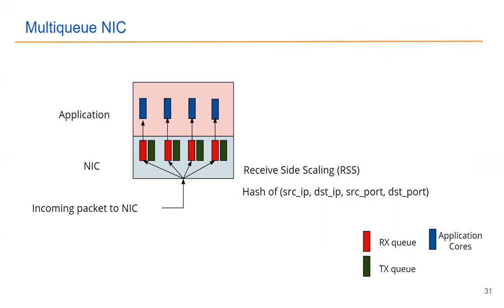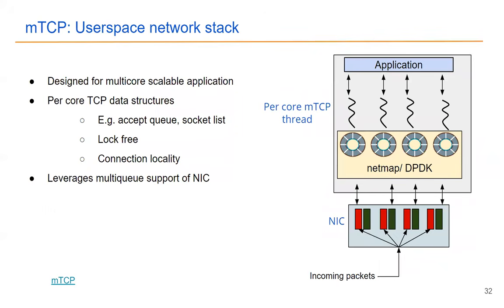Now, with this as a basis, mTCP leverages these multi-queue NICs to build a user space network stack which is also multi-core scalable. It has multiple rings, that is one ring per core at layer 2, that is the netmap and DPDK. And it has per core threads running on an event-driven socket mechanism, which was discussed in a prior lecture on epoll.